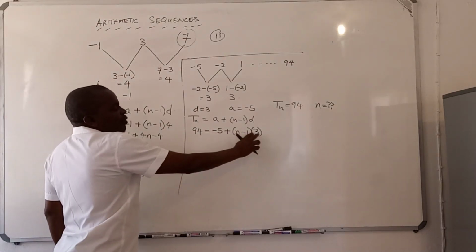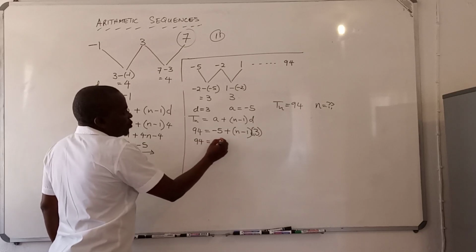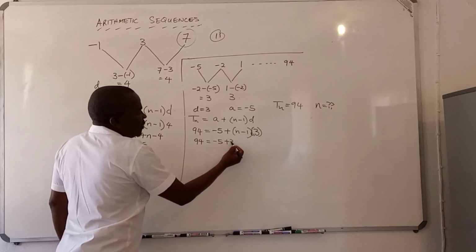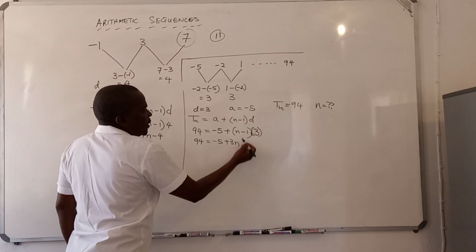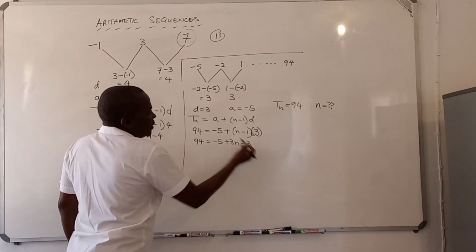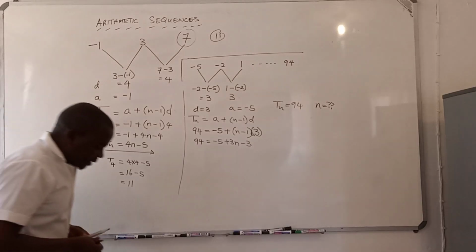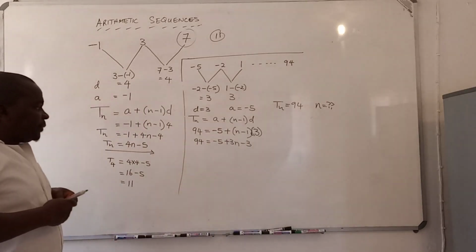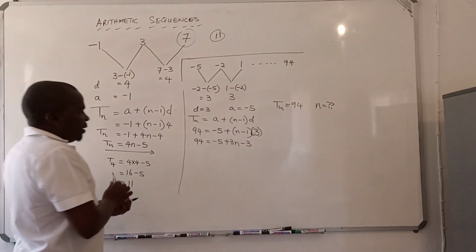We are going to remove those brackets on the right hand side. So this will be 94 is equal to minus 5, 3 times n, it will give us 3n, 3 by negative 1, it will give us negative 3. If you check on the right hand side, we have got negative 5 and negative 3.